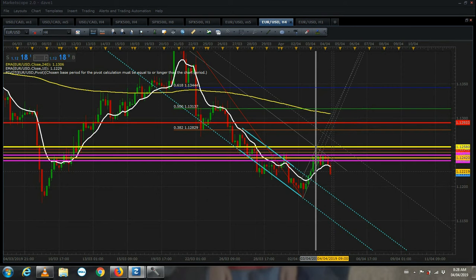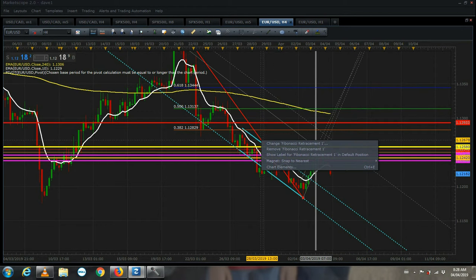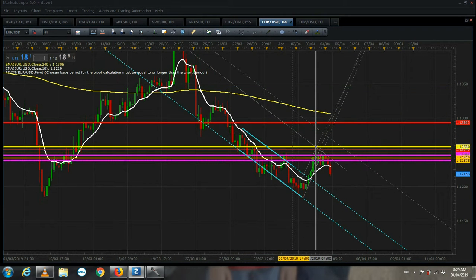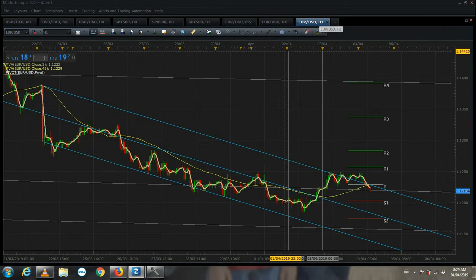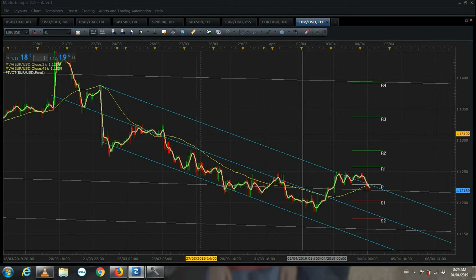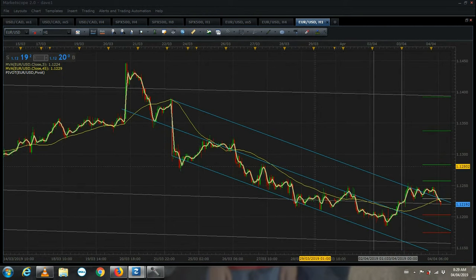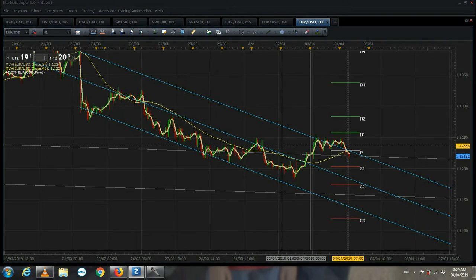So I have to be very cautious about any of these short positions right now, because although that's the trend, I know from experience that these things like to retrace over time.